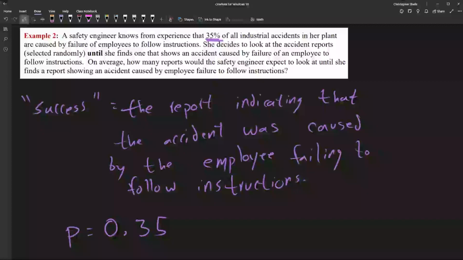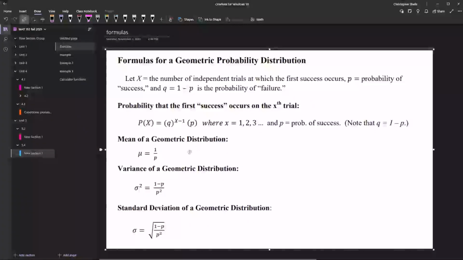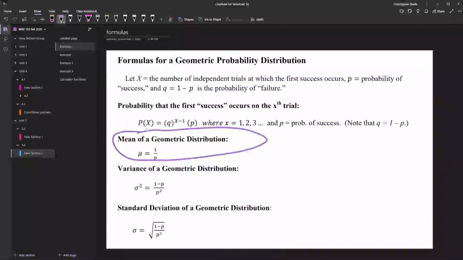Now, if I want to find out, on average, how many reports the safety engineer would expect to look at until she finds one such accident, I have to use my formula for the mean of a geometric distribution. This will give me the number of trials that have to happen on average for this outcome to be true, essentially.